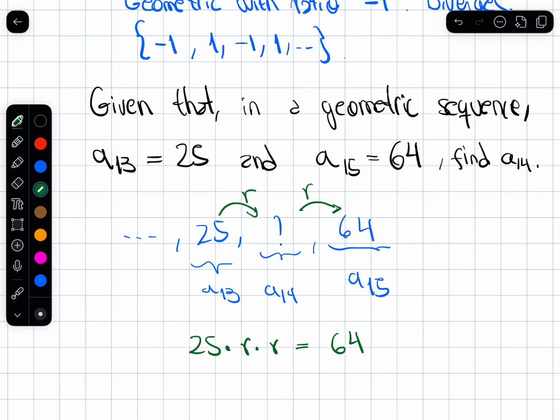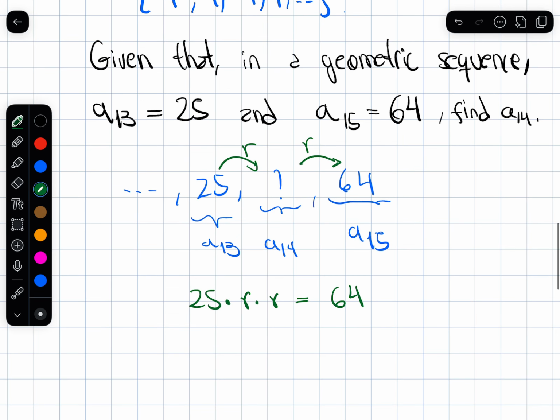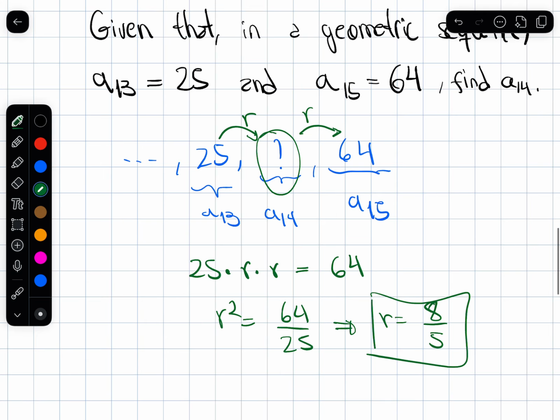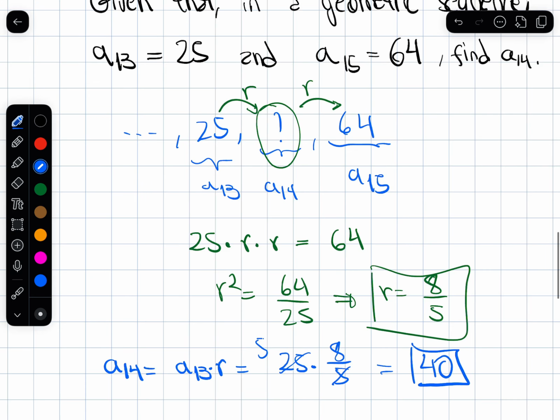I can immediately find r here. r squared is going to be 64 over 25, so r is going to be 8 over 5. This is the common ratio. And so if I want to find the term in the middle, a_14 will be a_13 times r, so that will be 25 times 8 over 5, which is the common ratio. I cancel these out, and 8 times 5 is going to be 40.